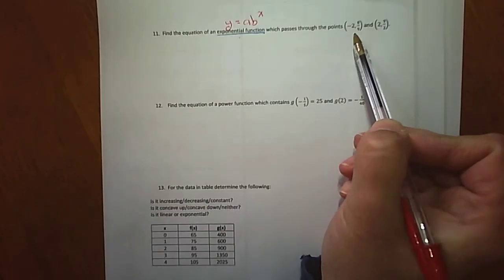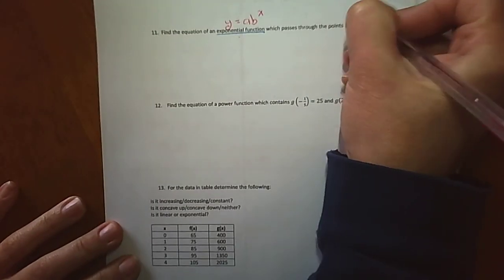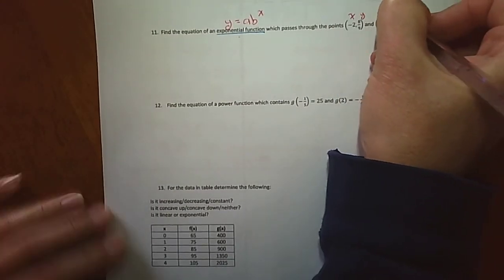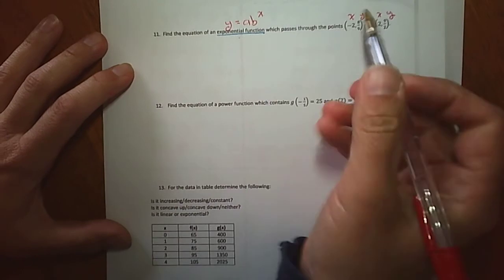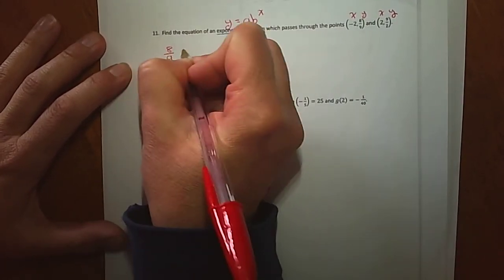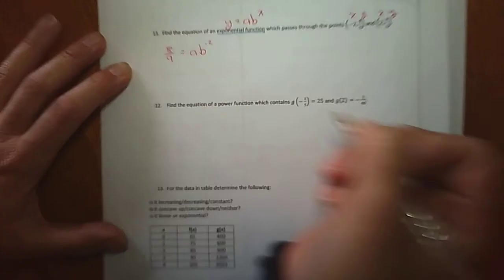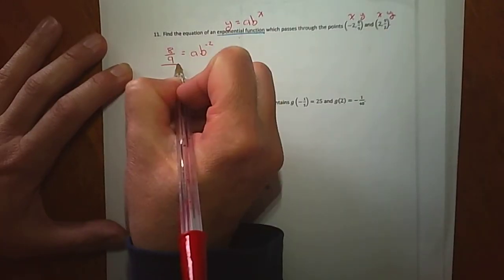And they gave us 2 points. So what we're going to do is compare these 2 points. Now remember, this is x and y. So if I go to this, I'm doing 8 over 9 equals a b to the negative 2, right? And I'm going to compare it, so I'm going to make it look like a fraction.